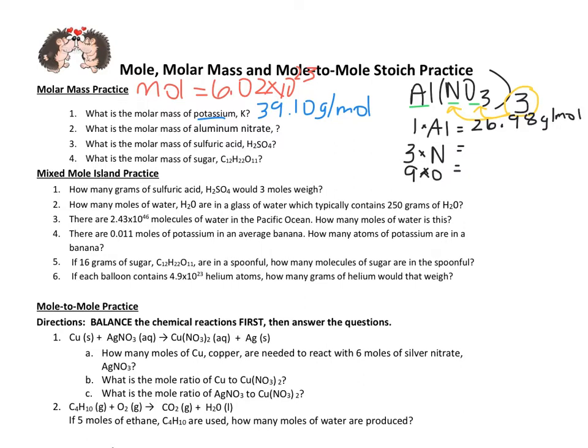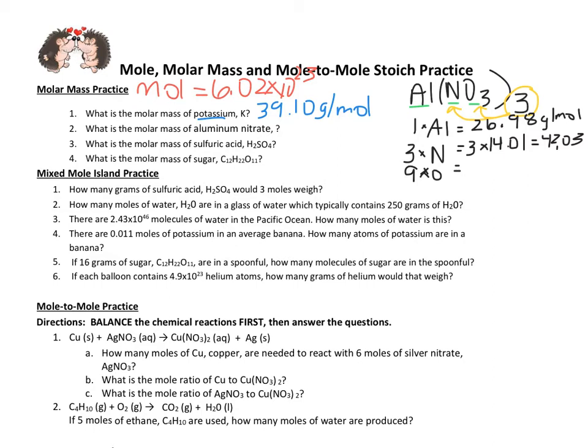And then we've got 3 nitrogens, so we need to do 3 times the mass of nitrogen, which is 14.01. 3 times 14.01 is 42.03.